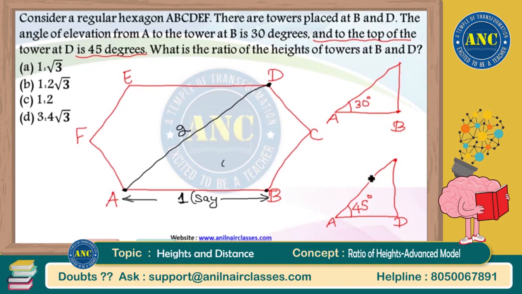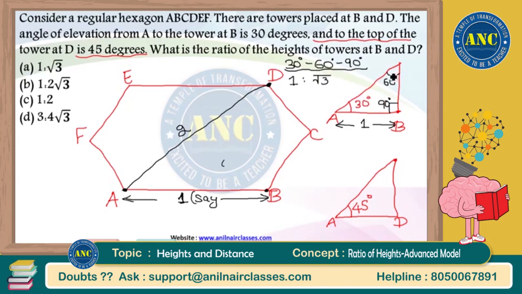That means, can I say that this AB value, I am assuming it as 1 unit. If AB is 1 unit, what will be this particular side? This is 30, this is 90. So this should be 60 degrees. The 30, 60, 90 right angle triangle property says that if the side opposite to 30 is 1, then the side opposite to 60 will be √3.